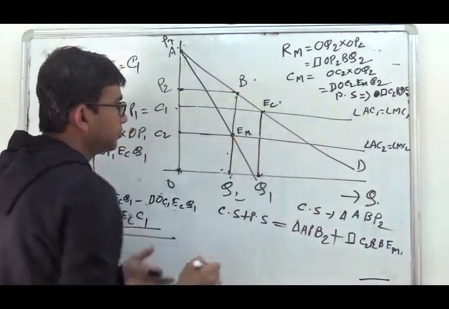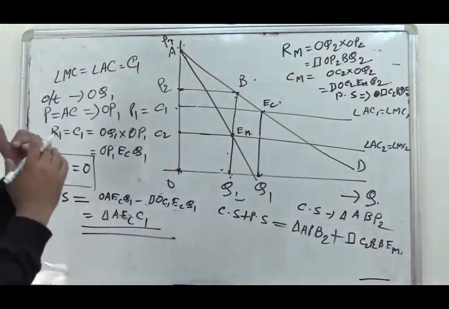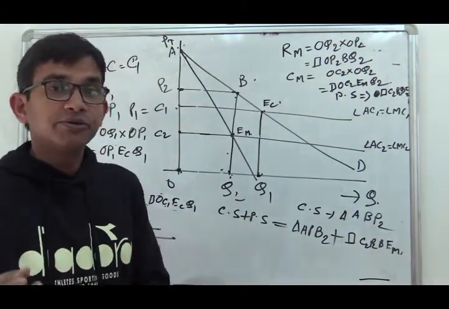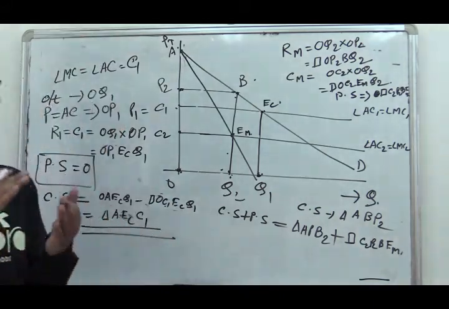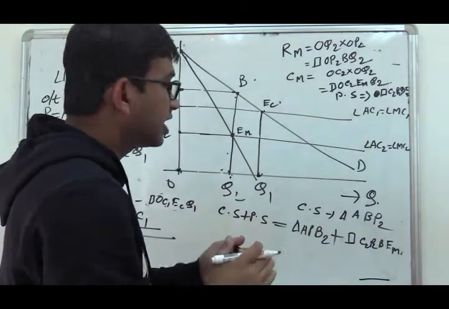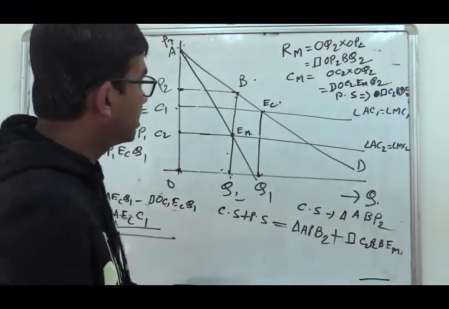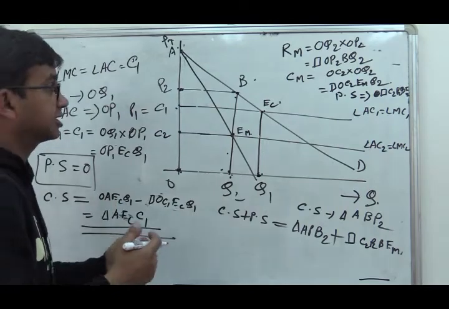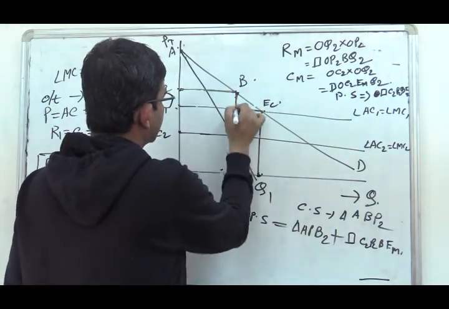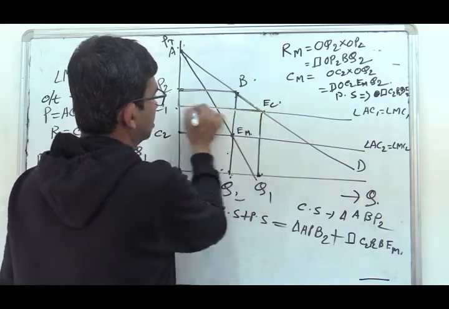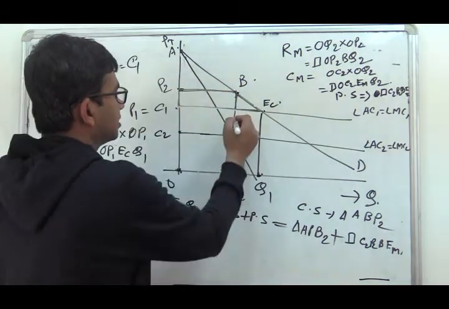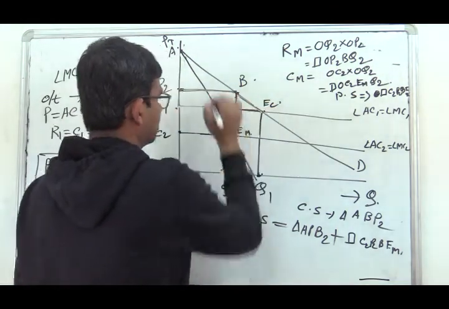But still, due to technological efficiency, the producer surplus increases by this rectangle, and due to allocative inefficiency caused by that shift from perfect competition to monopoly, this total area will be the loss, out of which this part goes in the hand of the producers and this part goes to hand of none.